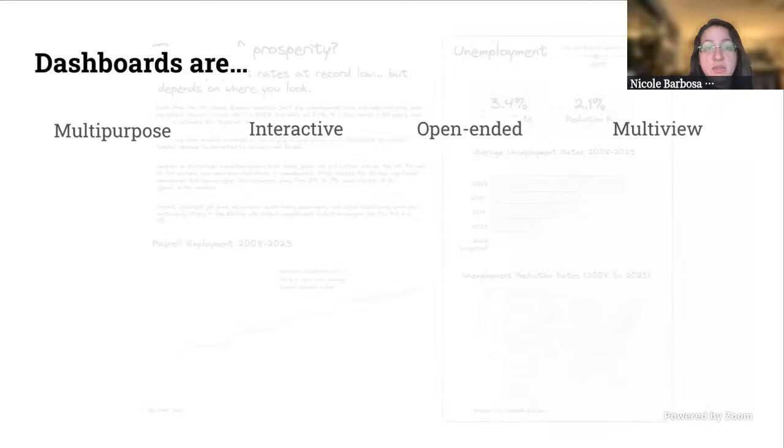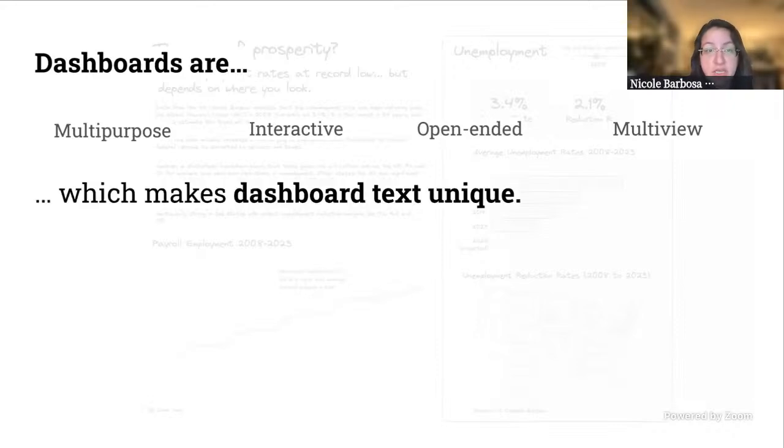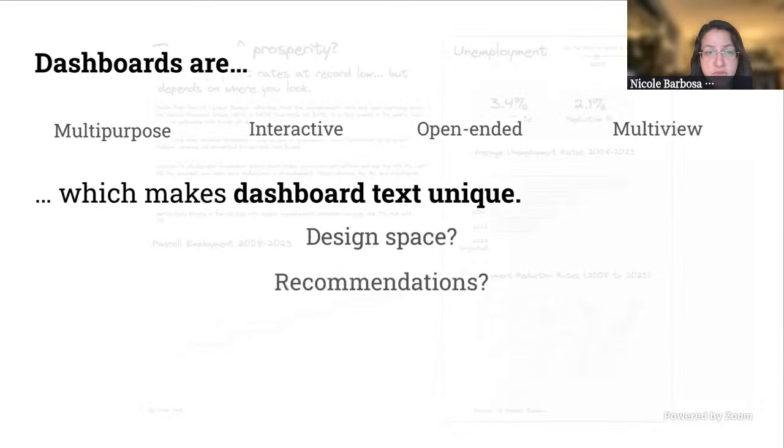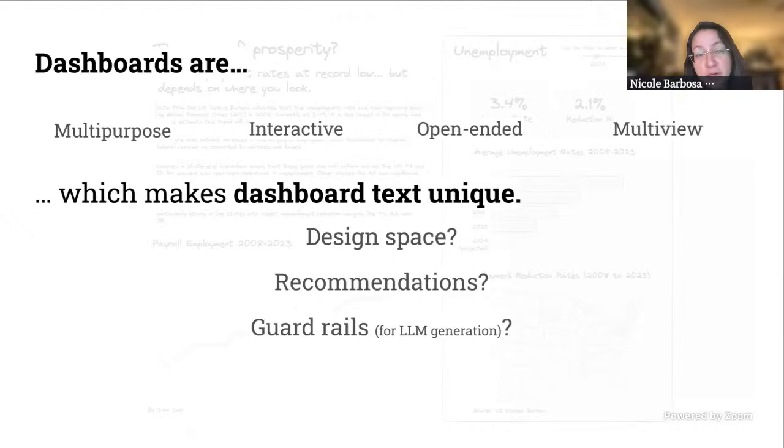So it follows that the way dashboards use text would also be unique and worth investigating. And because not a lot of attention has been paid to text in dashboards, we know very little about design considerations or recommendations. And more importantly, in this generative AI wave, where all text authoring is suddenly being automated to oblivion, we lack the knowledge to design appropriate guardrails for large language models.